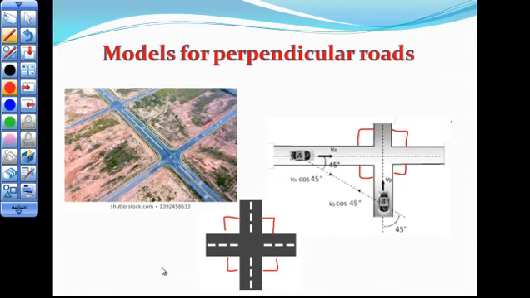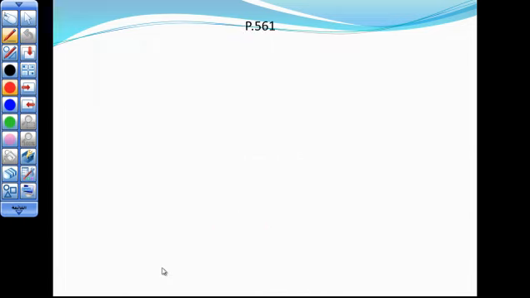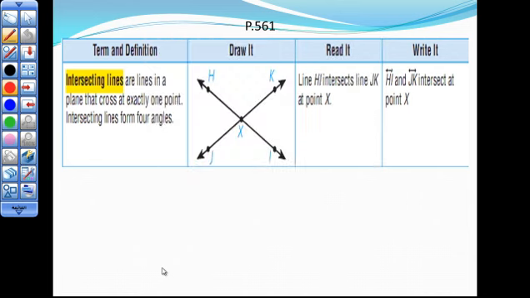Okay guys, let's go to the next page. Now I'm going to open page 561 to identify these two lines. Could you tell me which kind of lines you can see? Parallel, perpendicular, or intersecting?